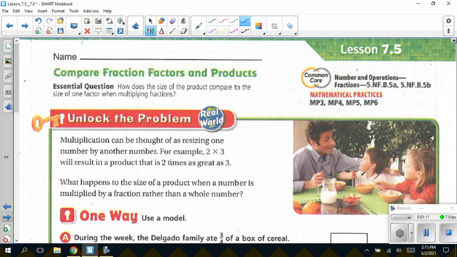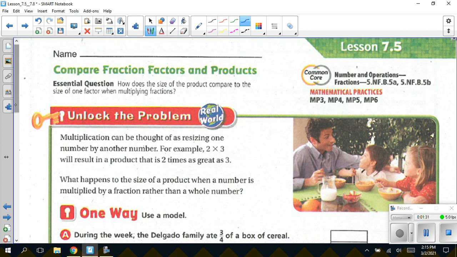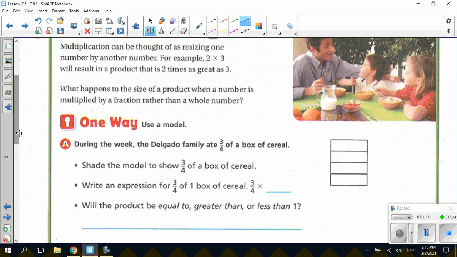So we are first starting with lesson 7.5 on page 445. And this lesson is comparing fraction factors and products. So our essential question is asking, how does the size of the product compare to the size of one factor when multiplying fractions? Under Unlock the Problem, it says multiplication can be thought of as resizing one number by another number.